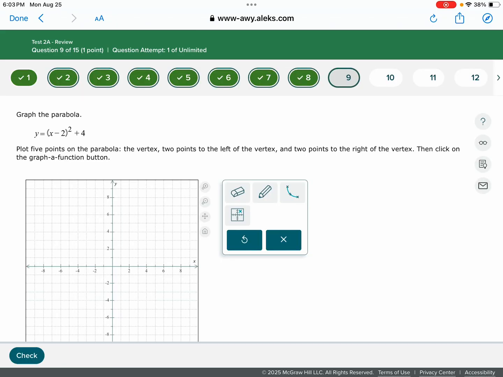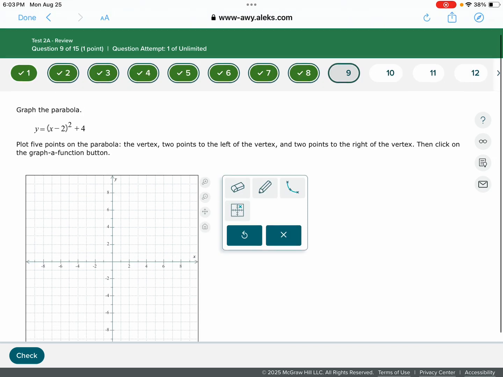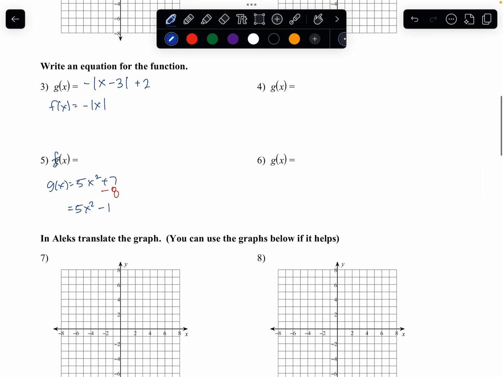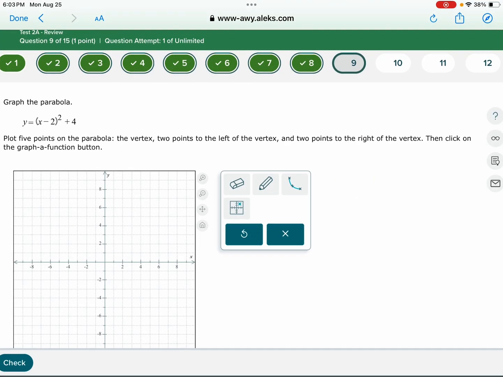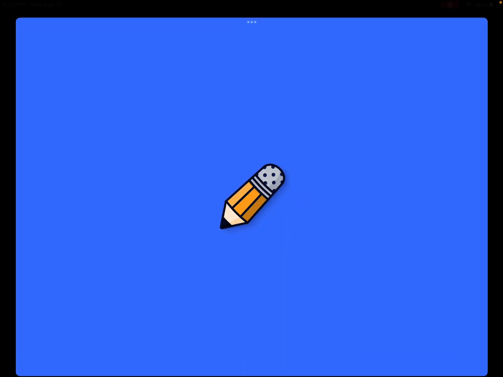All right, question 9. Graph the parabola. So we're graphing this one right here. So we have (x minus 2) squared plus 4. What number is that one? This is number 9, (x minus 2) squared. Oh no, I closed it.